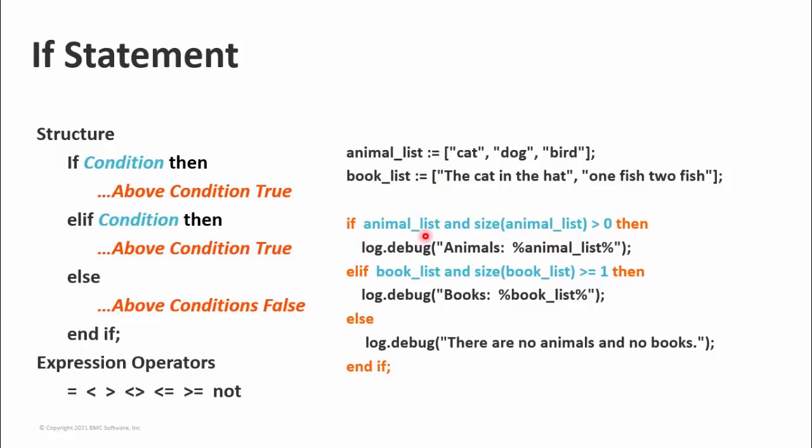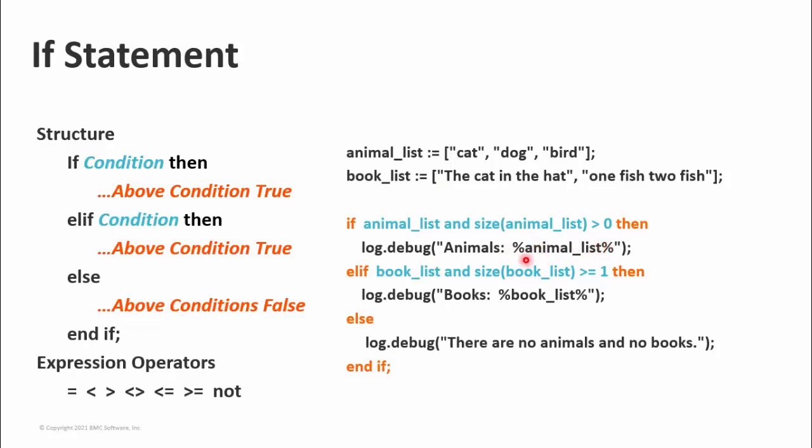What this is doing is saying if the variable called animal list exists and has a value, and the size of the animal list is greater than 0, meaning that it actually has some entries in it, then I'm going to send a logging statement, log.debug, and I'm going to say animals, and then I'm going to print the value of the animal list.